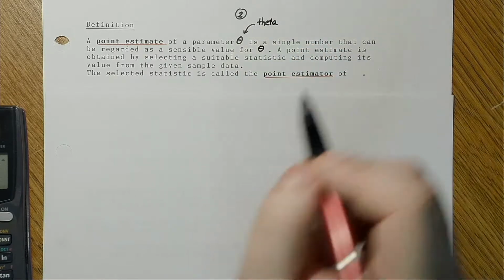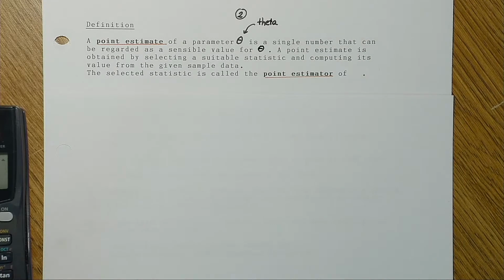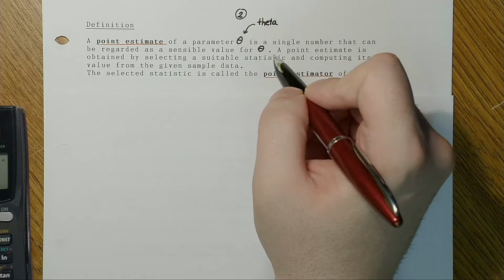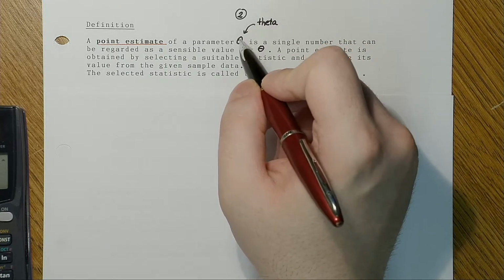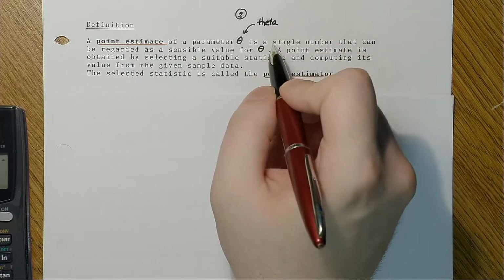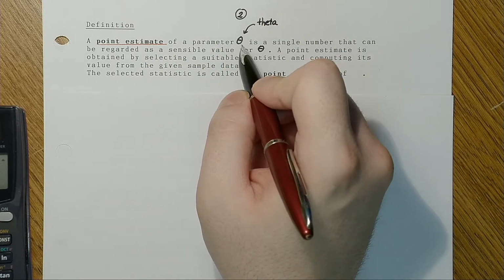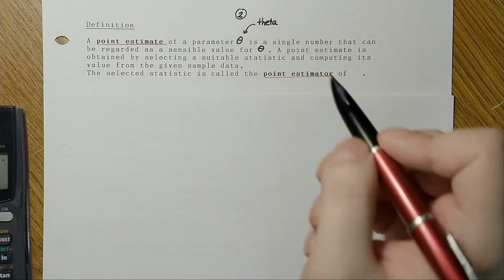Now, again, theta is some sort of parameter. So we're trying to estimate the parameter, trying to figure out a single value that can be regarded for that parameter. So again, it could have been mu or sigma.